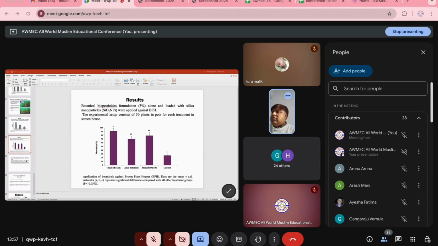So this is our Pakistan-based biopesticides we have developed, and we are getting good results. Further, we have an issue with the stability of the pesticide. For this purpose, we have used nanoparticles, silica-based nanoparticles, to increase the efficacy of biopesticide in the field, because the nanoparticles give more stability to the pesticides.